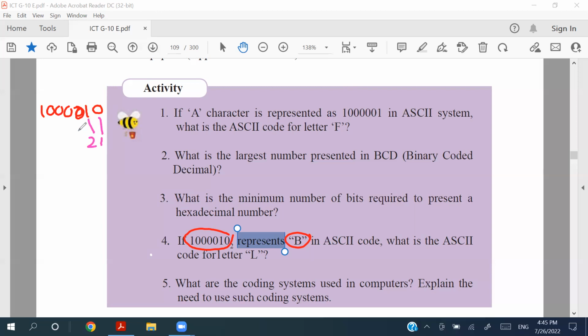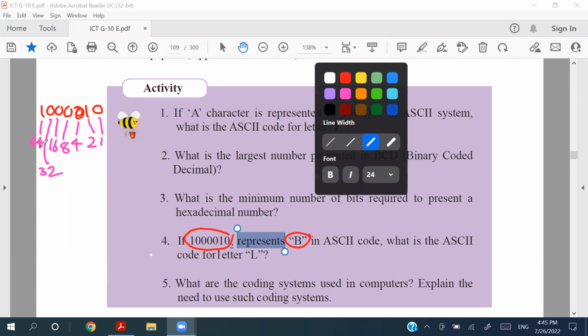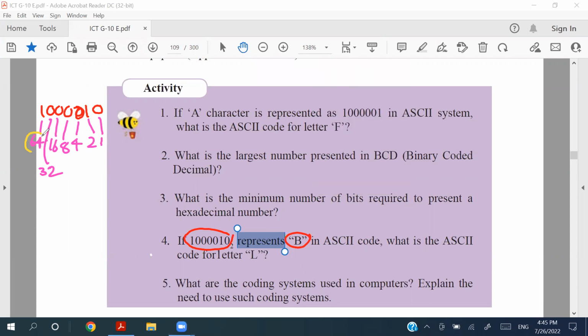The place values are going to be 1, 2, 4, 8, 16, 32, and 64. So then we have to add up the 64 and the 2, that means 66. So B is represented by 66.